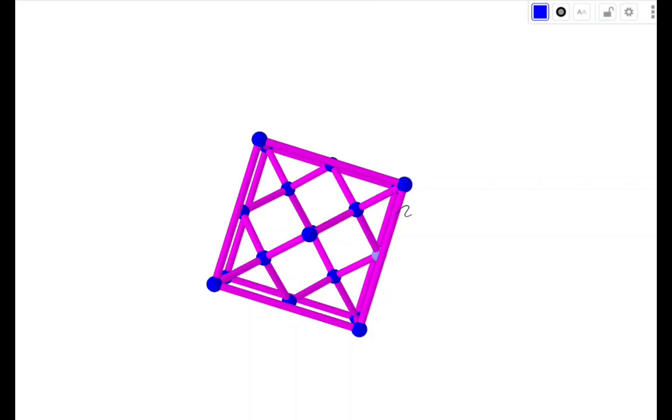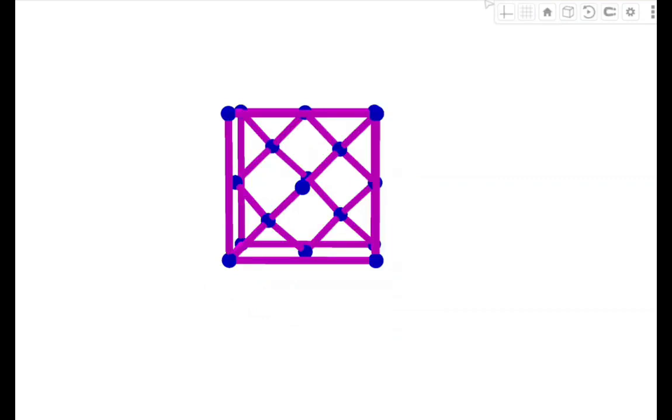This one here in this face here, and this one here located 1/4 a distance from this face. Now this atom here is located 1/4 A, and again it's 1/4 A.